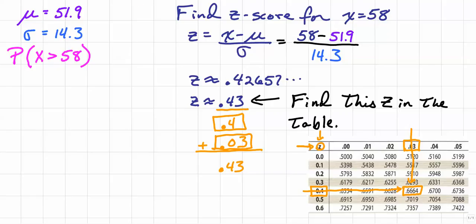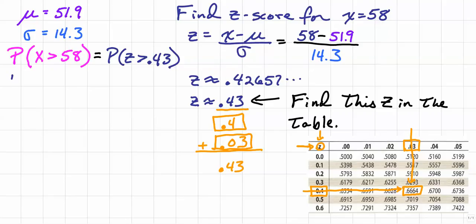So we'll go back to our original statement, the probability that x is greater than 58. In order to do that, I'm going to need to find the probability that z is greater than 0.43.